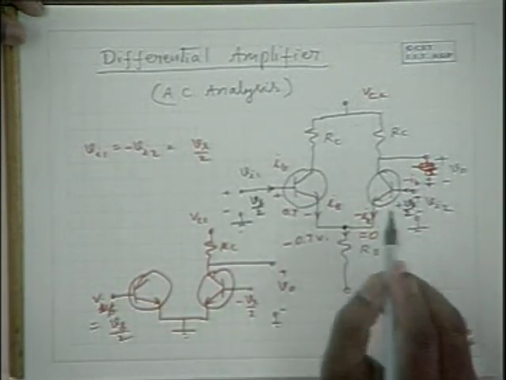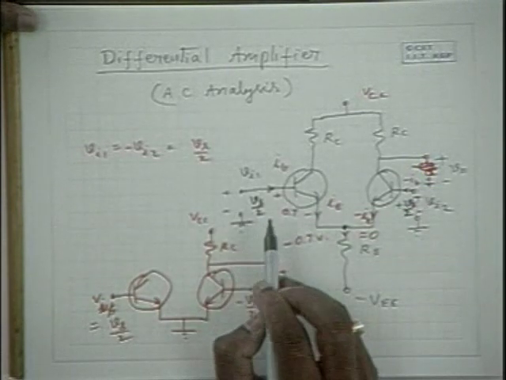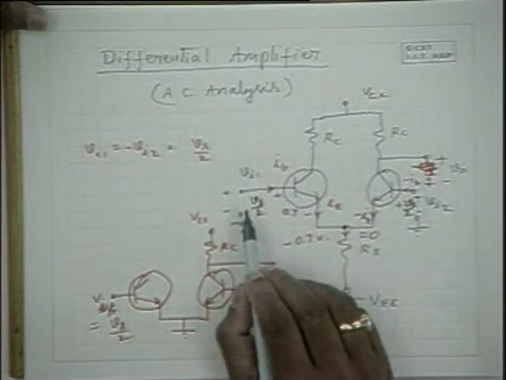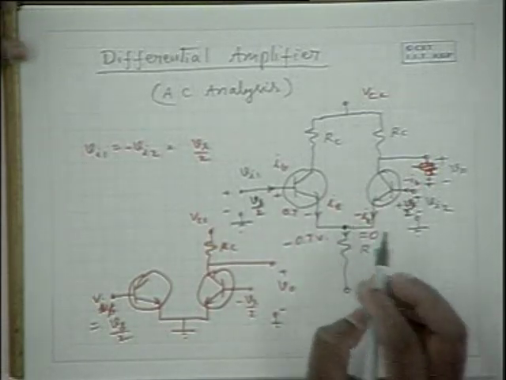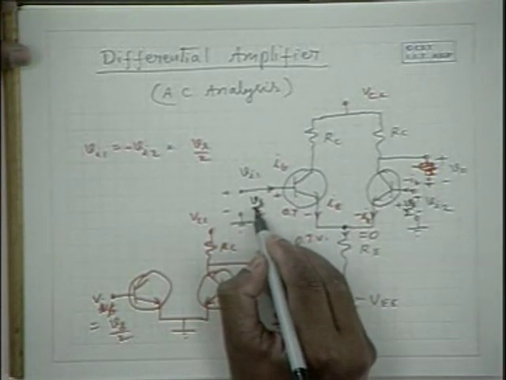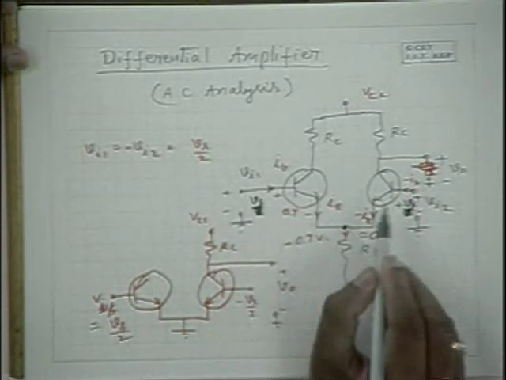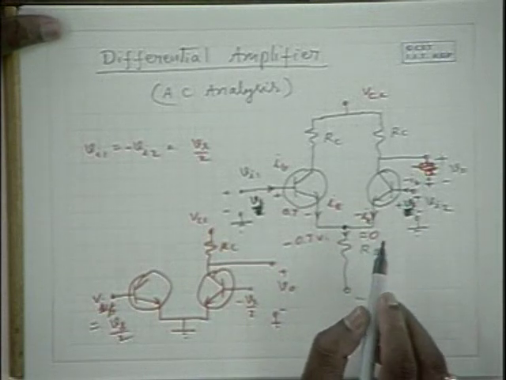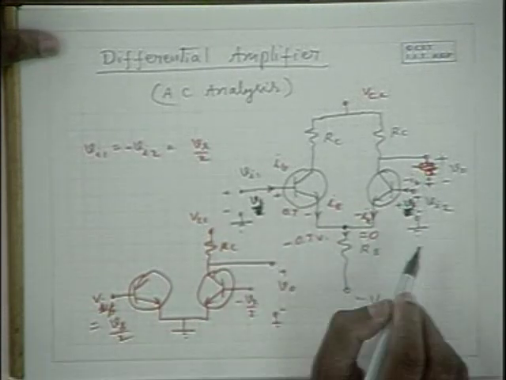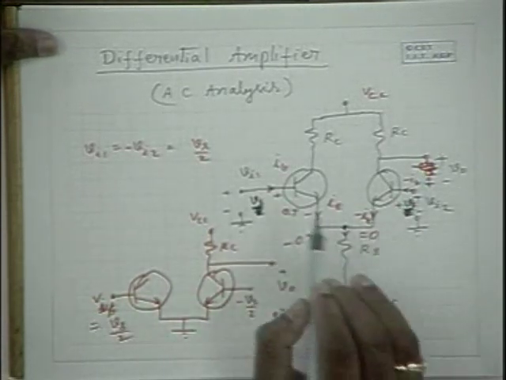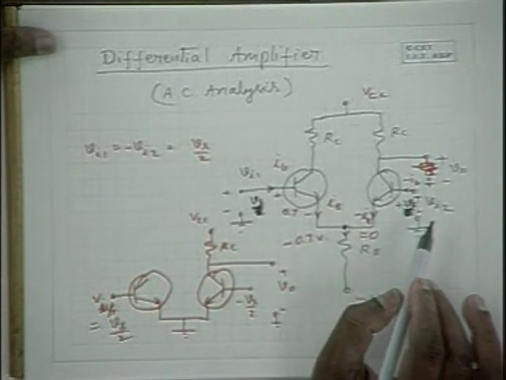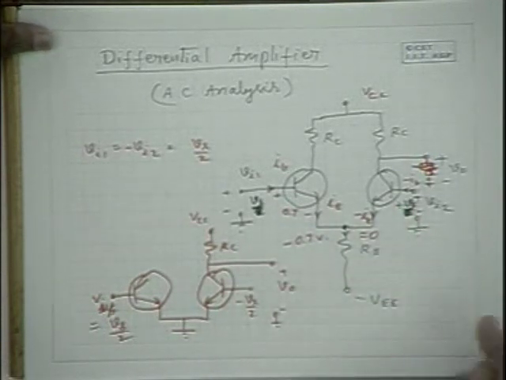So in which case the common mode signal is equal to, I'm sorry, there is a difference. We apply Vs here and Vs here, so that the common mode signal is equal to Vs itself, the average of these two. Whereas the differential signal is Vs minus Vs, which is equal to 0.